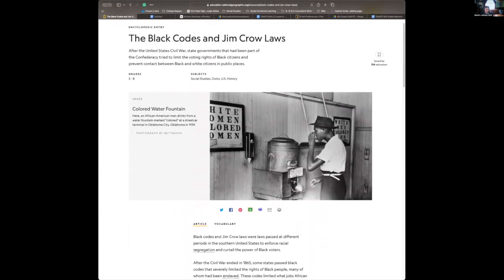So you've got your colored water fountain and your white water fountain, and that is just not cool. And again, it's not until much later, almost 100 years later, that some of these things start to get resolved legislatively in the civil rights era that kids will learn about in high school.